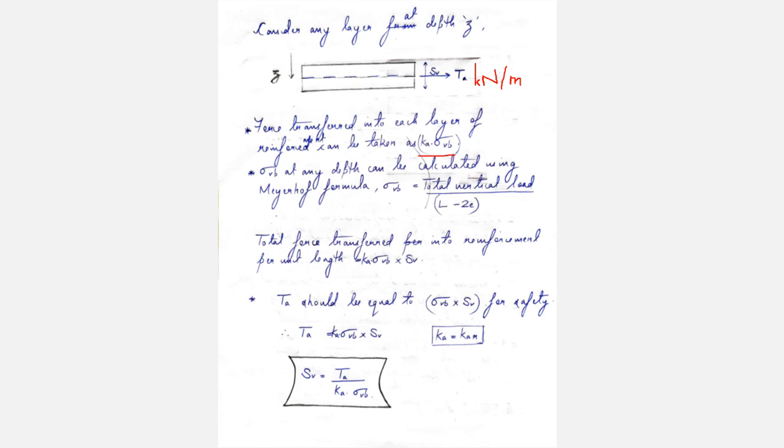So if you want to get the total force which acts per unit length of the wall, then we will multiply that with SV. Then we will get the total force per meter length. Once you have multiplied KAR into sigma VB with SV, we will get the unit as kilonewton per meter.